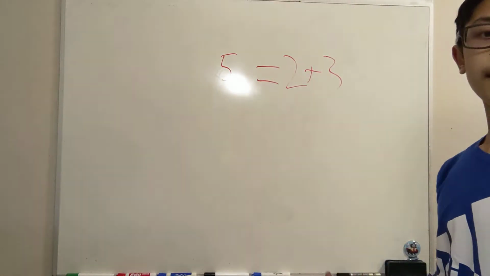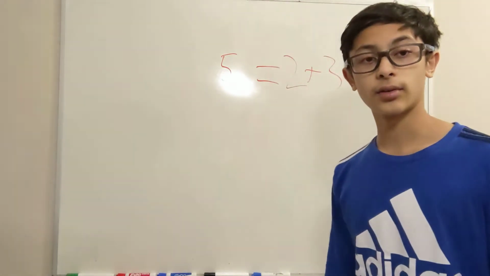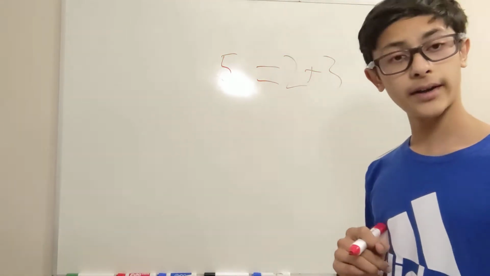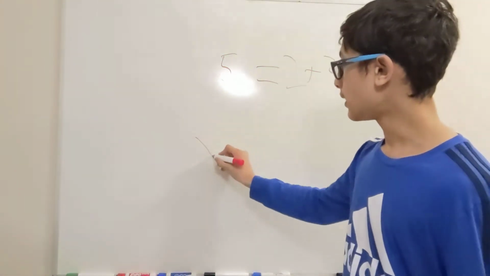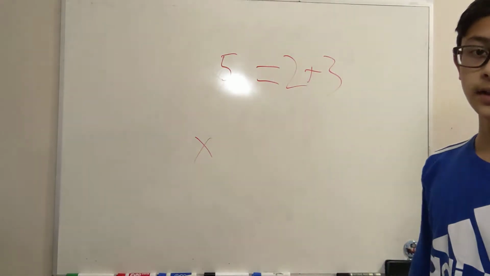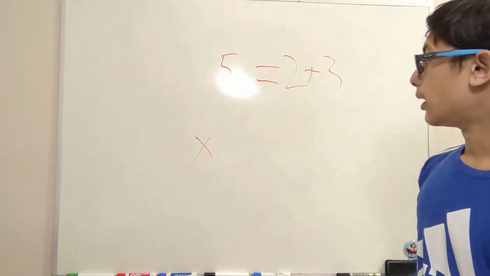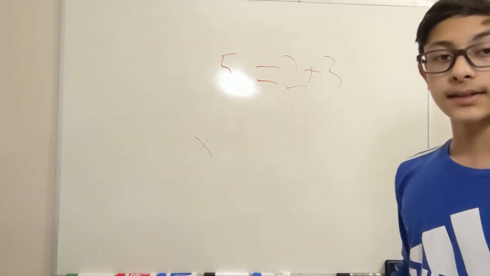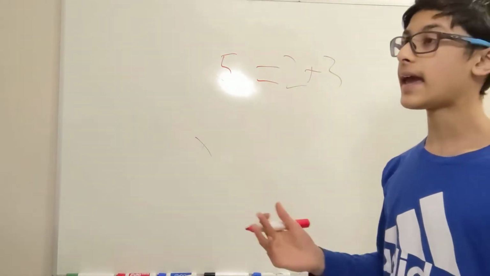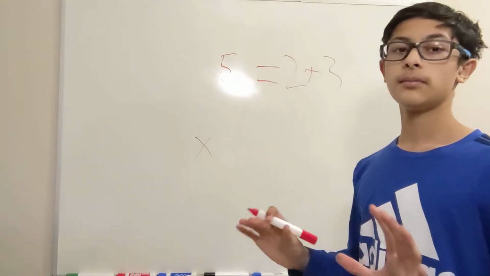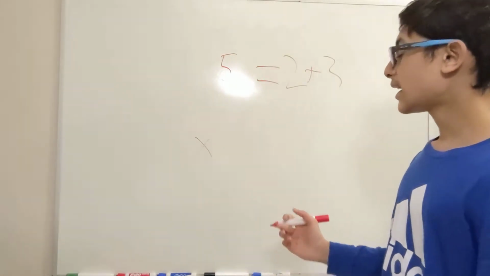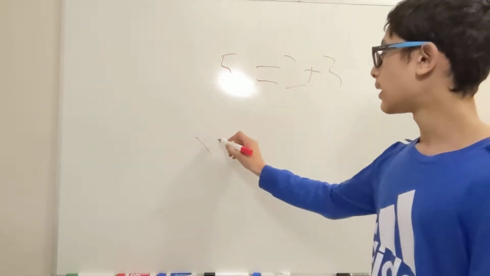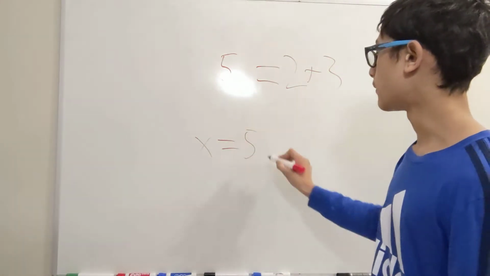Now, if we want to understand linear equations, what's a variable? A variable, usually denoted by x. Yes, we know it looks a little bit like a multiplication sign, but it's usually used as x, and x can be any value. Basically, we don't know what x is. So say we put x into an equation, x equals 5.